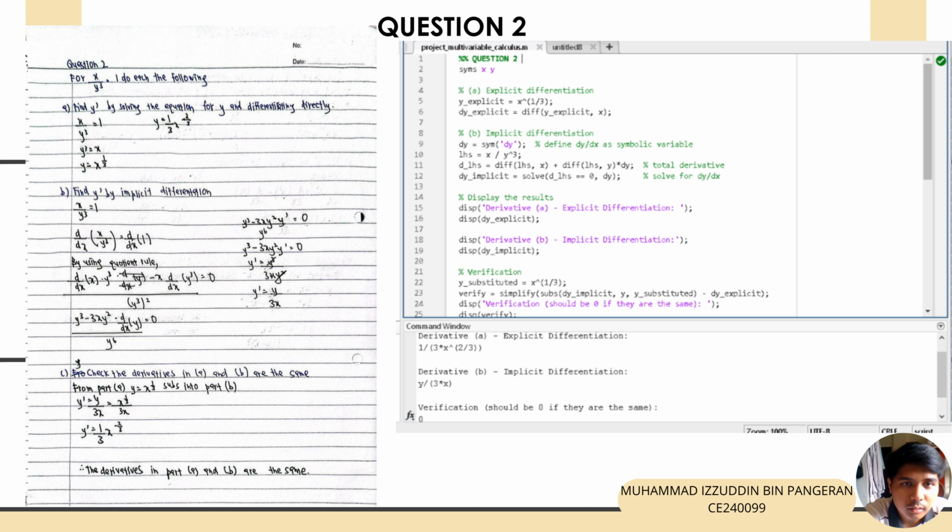I write the display of the result and verification, which is verify equals simplify subs dy_implicit, y_substitute. I put the coding display verification should be 0 if the same. The output shown in the command window confirms that both results match, supporting my manual calculation.